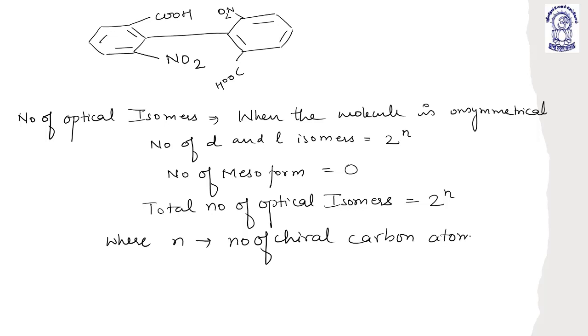For example, here you can see there are two chiral carbon atoms.